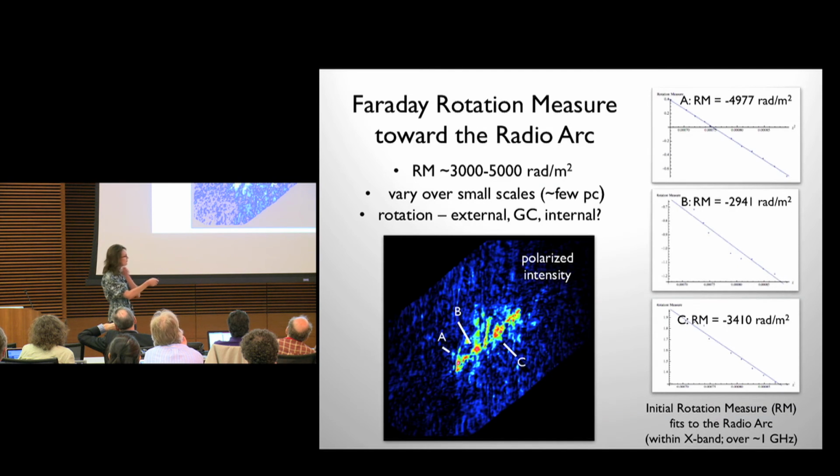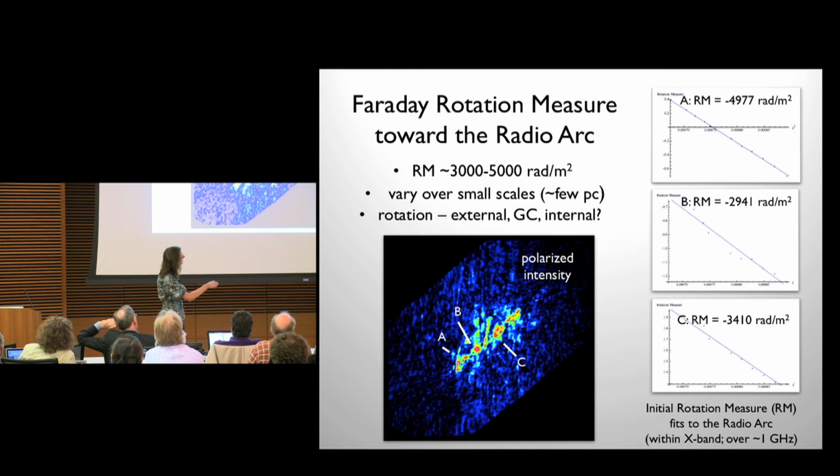Here's another view of the polarized intensity, and what we've done here is the first pass at our rotation measure. We've looked at rotation angle versus lambda squared, and we get very large rotation measures, which have been known before, ranging from a few thousand to about 5,000 radians per meter squared.